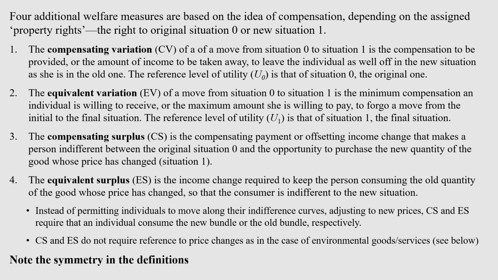So that means that they had the right to that new situation. So instead of permitting individuals to move along their indifference curves, adjusting to the new prices, compensating surplus and equivalent surplus require that an individual consume the new bundle or the old bundle respectively.